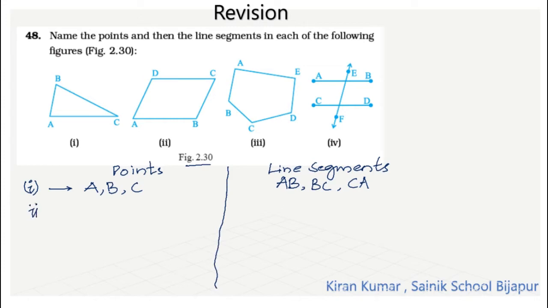For the second one, we have A, B, C and D, and the line segments are AB, BC, CD and DA.